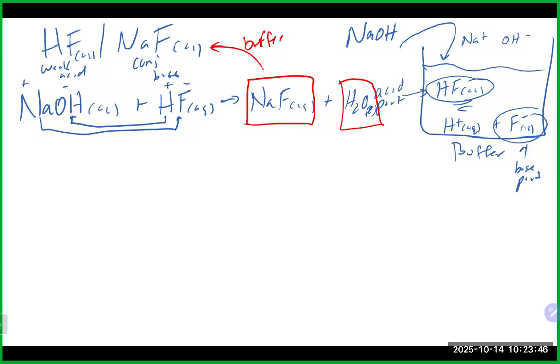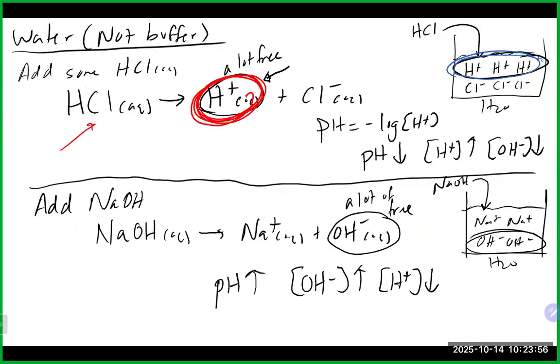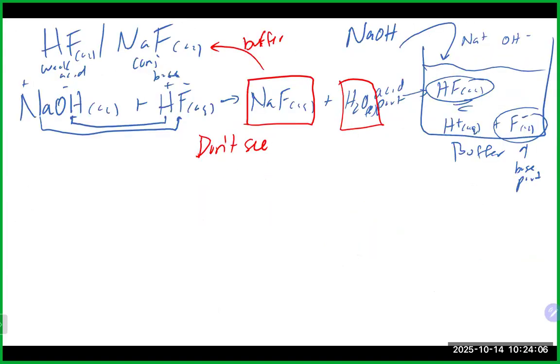And again, much like the previous one, what we don't see here that we did see when we added this sodium hydroxide to water is all that free OH minus that was freely floating around when we added it to water. In this case, when we look at our reaction here, we don't see any free OH minus formed.